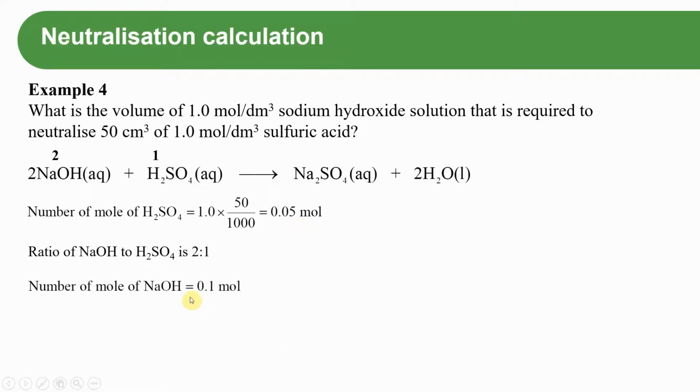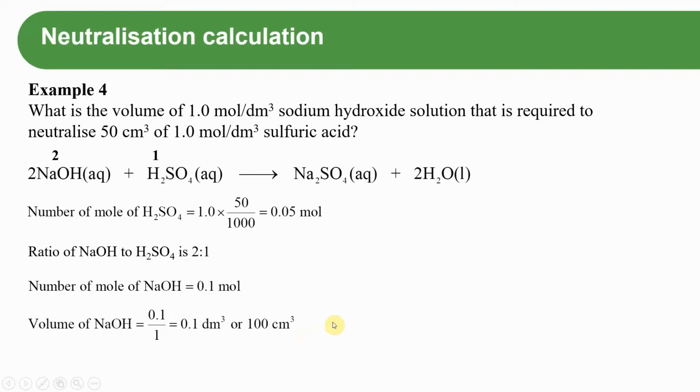So the number of mole of sodium hydroxide is 0.1 mole. And now to find the volume, when we have mole and concentration, we just need to divide the number of mole with concentration. So the volume required is actually 0.1 dm cube or 100 cm cube.